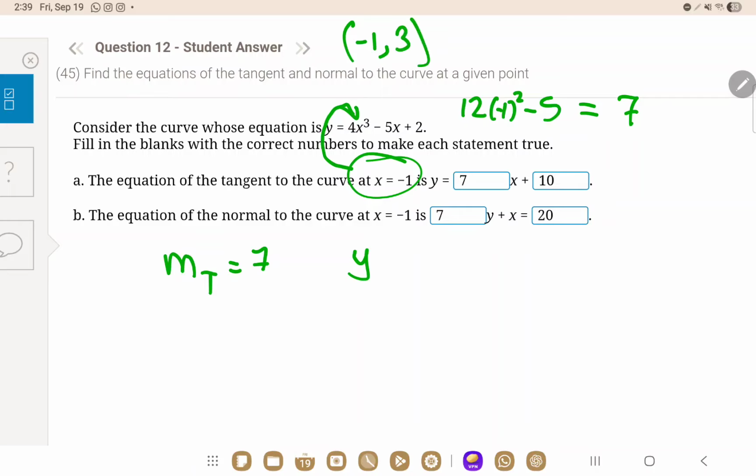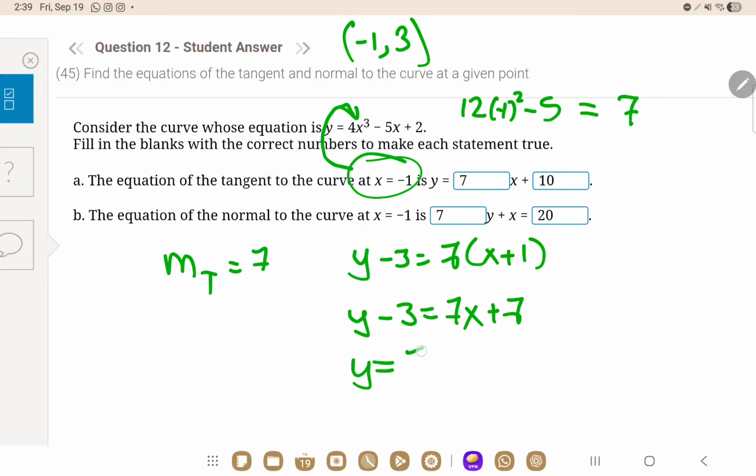So this is your whole point. Now, y minus 3 equals 7 times (x plus 1). So y minus 3 equals 7x plus 7. Now it is y equals 7x plus 10 when you move the minus 3.